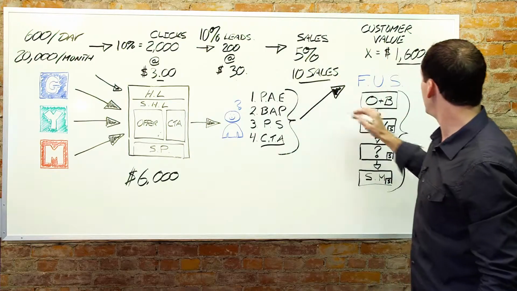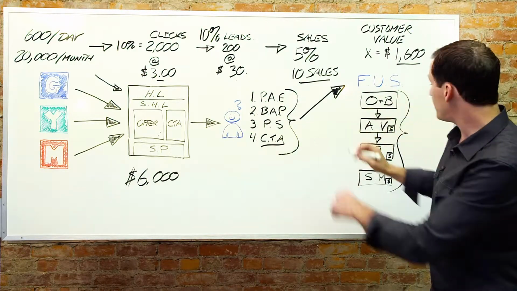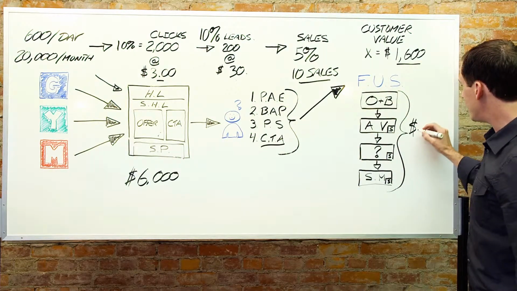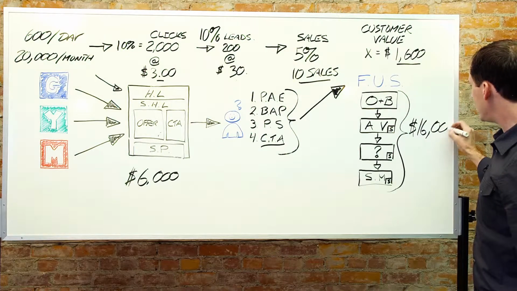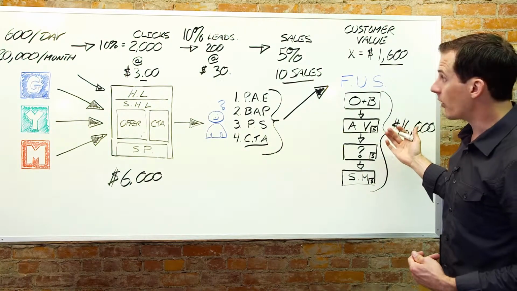So 10 sales at $1,600 per customer: this funnel generated $16,000 in gross revenue for this company.